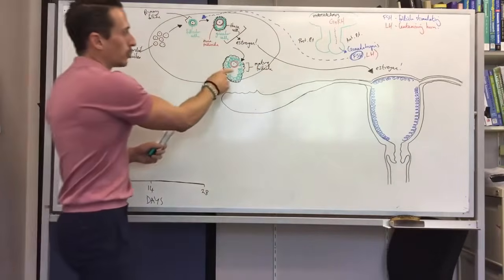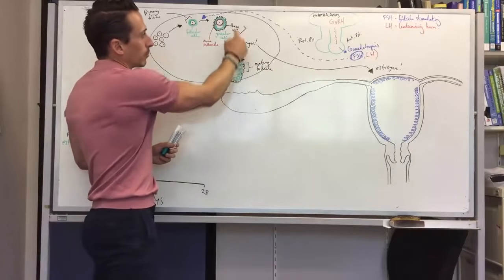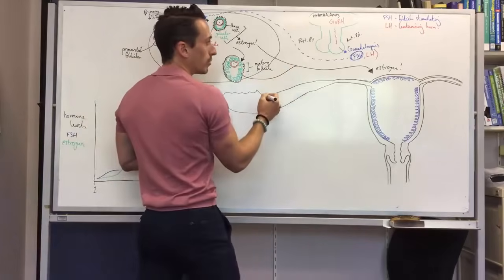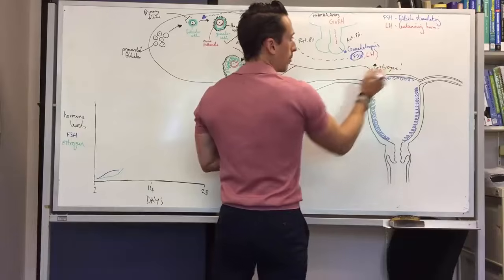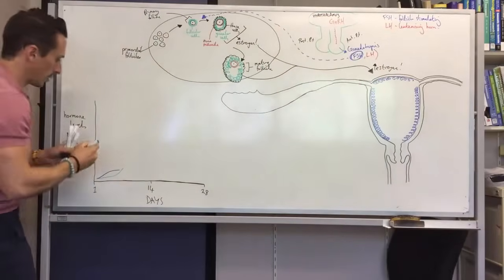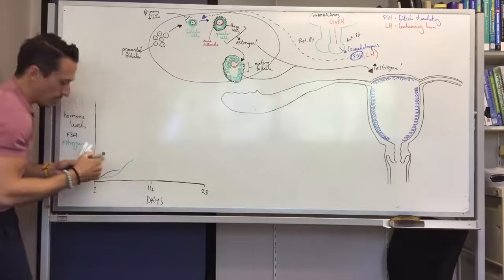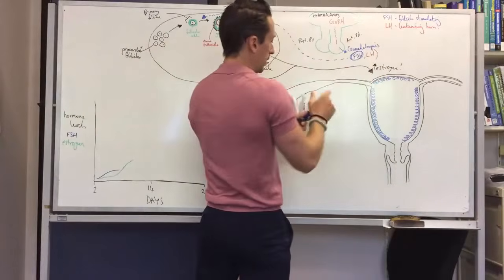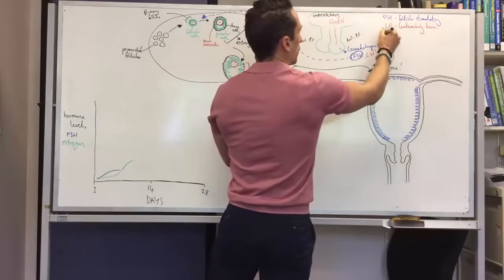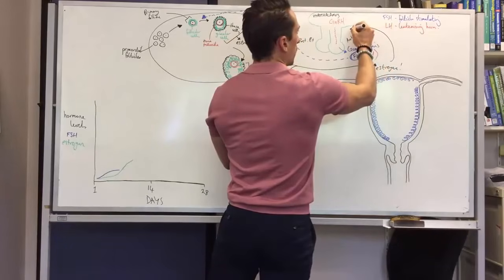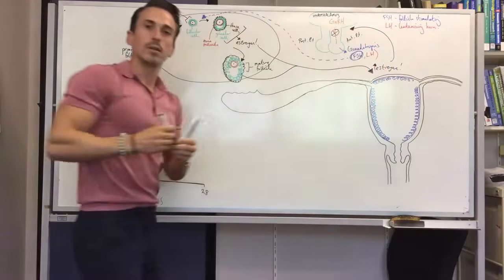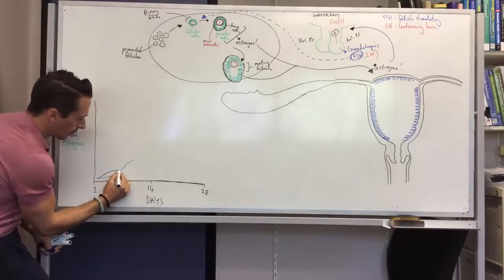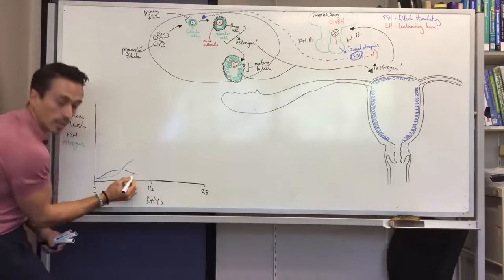Now, this mature follicle, because it's producing so many, remember, theca and granulosa cells, it again starts to release more estrogen. So estrogen levels start to go up and up and up. Now the important point is, as estrogen goes up, it feeds back to the hypothalamus and stops what? Follicle stimulating hormone from being released. So negative feedback. So this follicle stimulating hormone starts to drop down again.